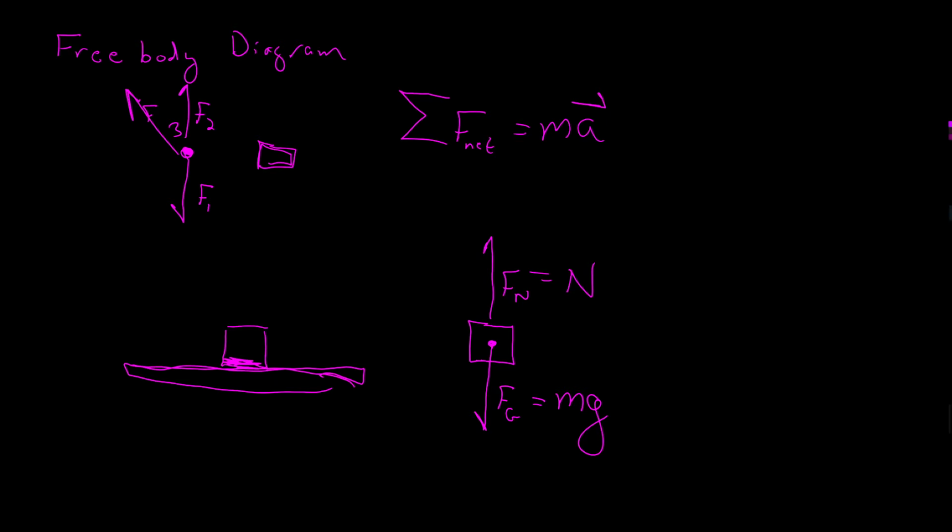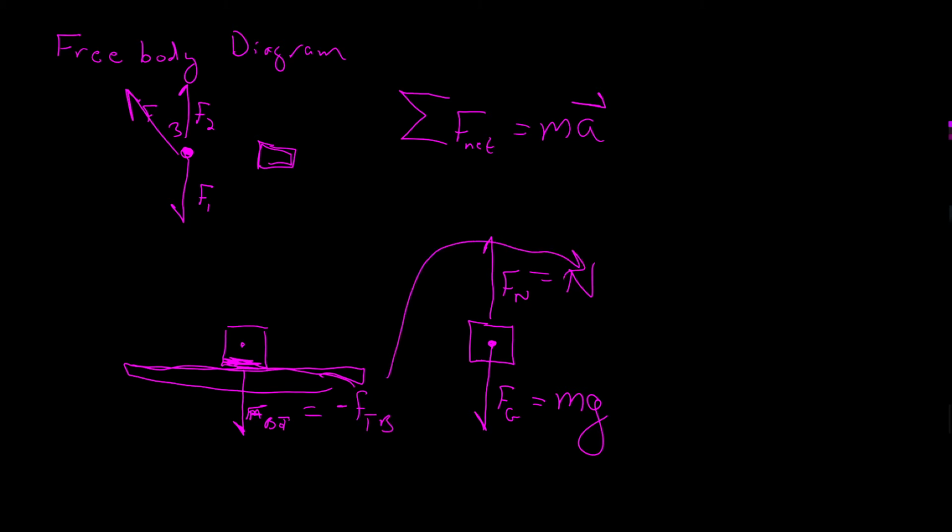The box is pushing down on the table, so the table has a force from the box. And that causes the table to push on the floor, and the floor pushes back up on the table. But equal and opposite to the box on the table is the table back on the box. And that's the source of this normal, the table back on the box.